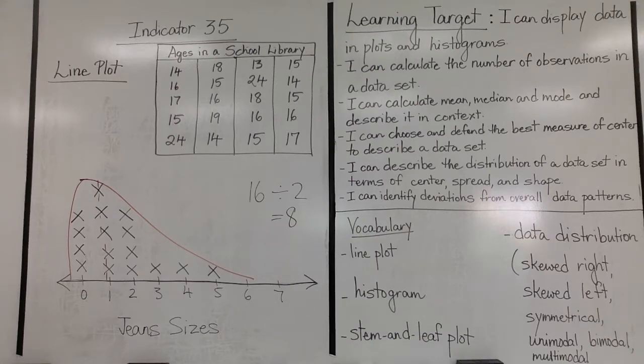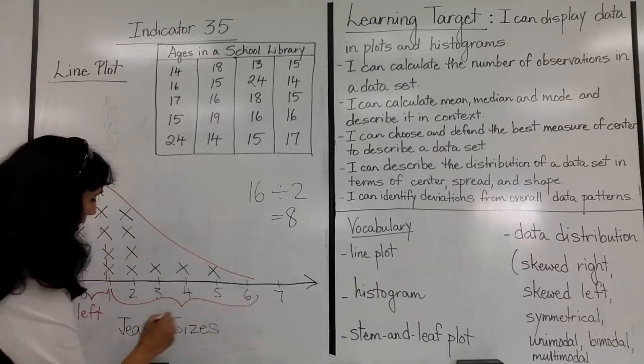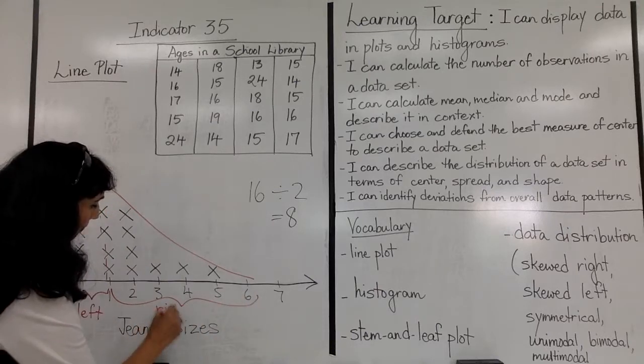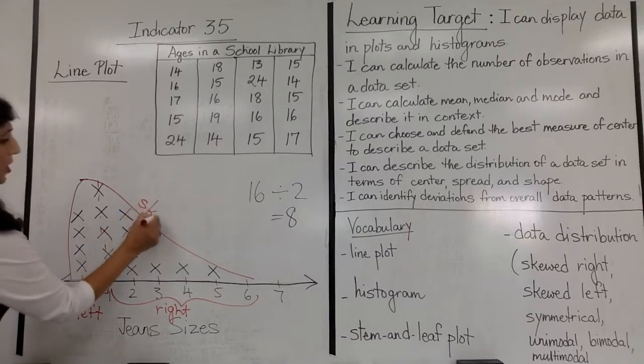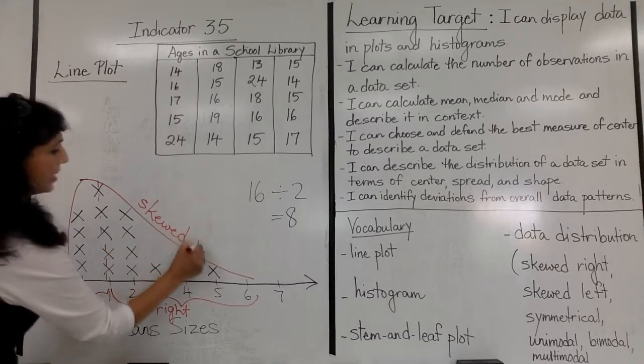The same rule applies to a histogram, okay. So when I look at the highest part over here, this is on the left, and all of this is on the right. As you can see, the tail end is much longer over here. So this graph is skewed right.